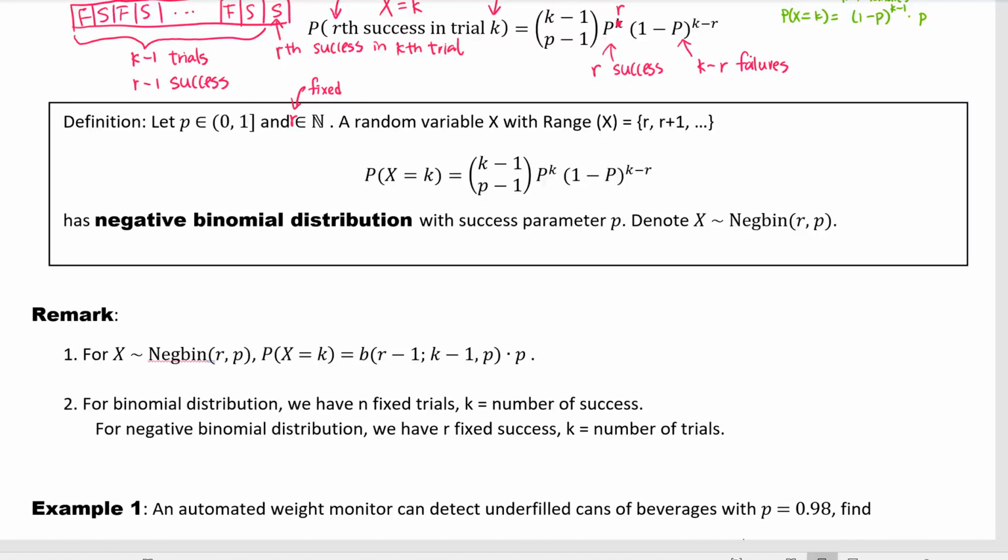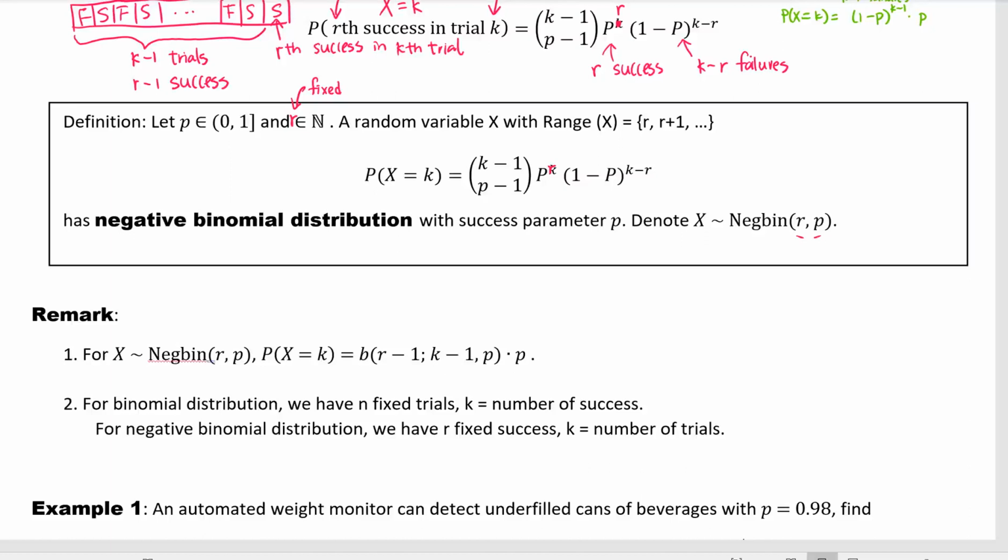A random variable X with range R, R plus 1, and so on, has the PMF: the probability of X equals K is K minus 1 choose R minus 1 times P to the R, times 1 minus P to the K minus R. This random variable has the negative binomial distribution with success parameter P, and we denote it X has the negative binomial distribution with parameters R and P.